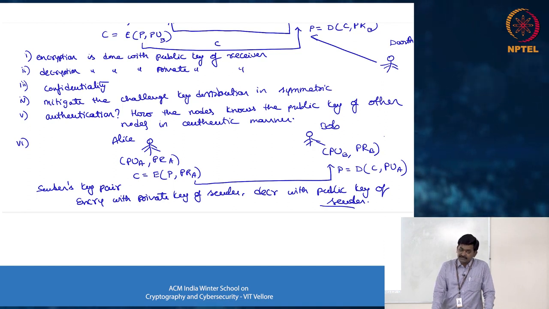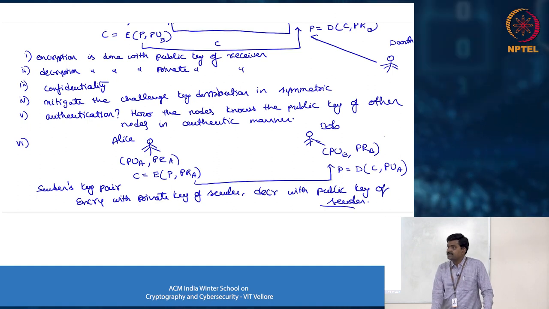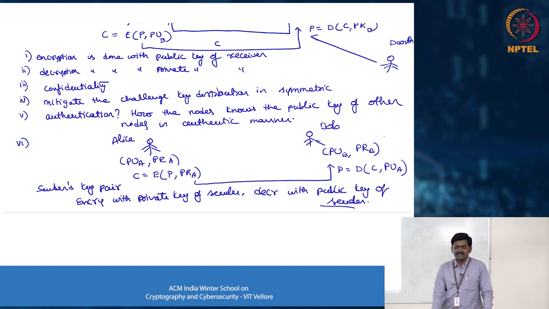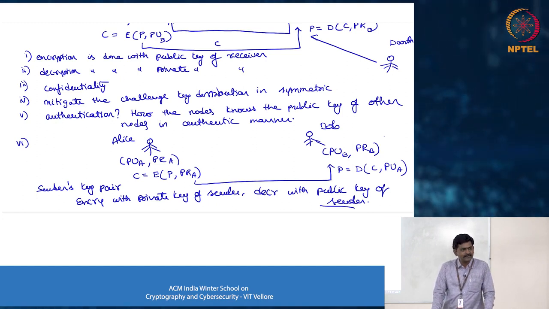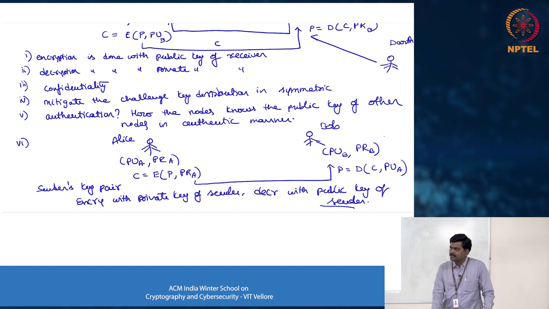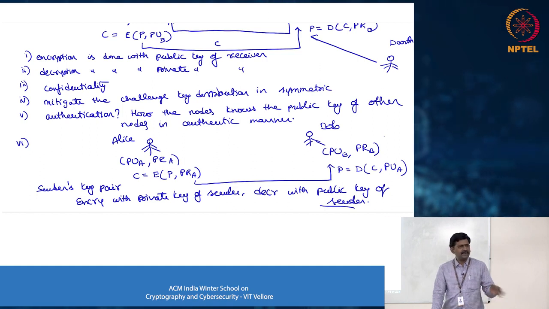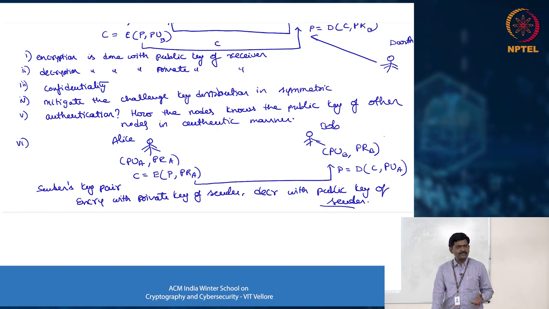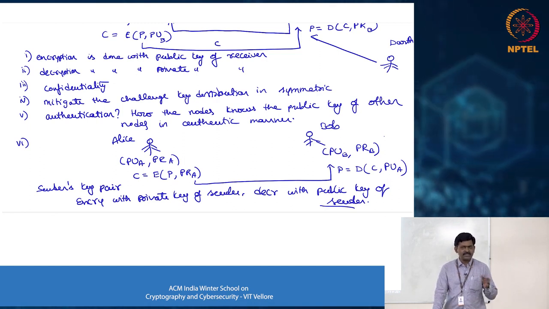Can Eve decrypt this or not? Decryption is with the help of the public key of the sender. Why only Eve? Anybody can decrypt, because it is encrypted with the private key and decryption is with the public key.